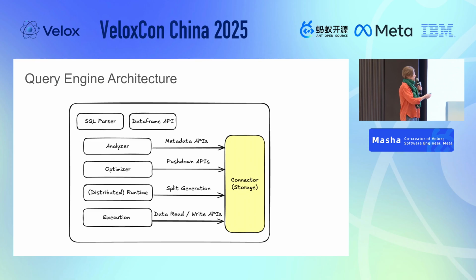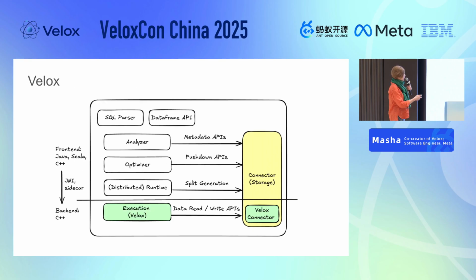And there is the single node execution, a component responsible for receiving a single node fragment of the overall query plan and producing results just for that fragment by processing a subset of the splits of the query.